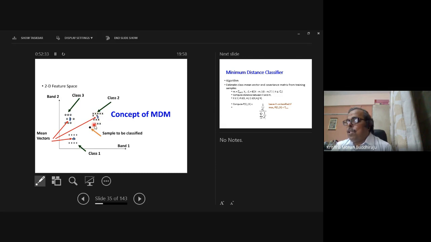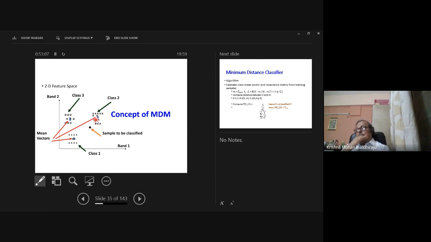What you are initially told is that there are 3 classes. For each class, you are given the samples. From the samples, you compute the mean. Now when you are given a test sample, find the Euclidean distance in the feature space, not physically on the ground, but in the feature space. What's the distance to each mean? And assign this to the class whose mean is the closest. This is a fairly simple technique.